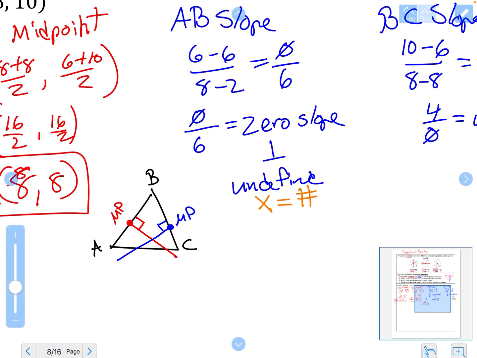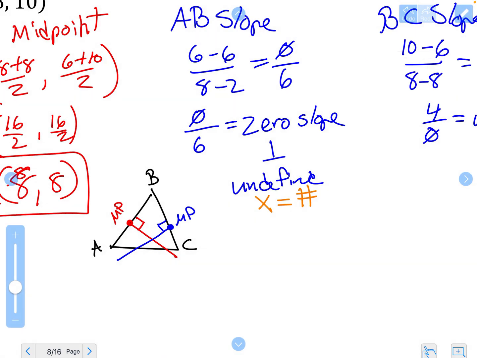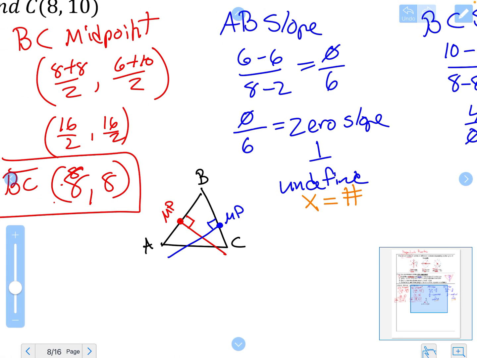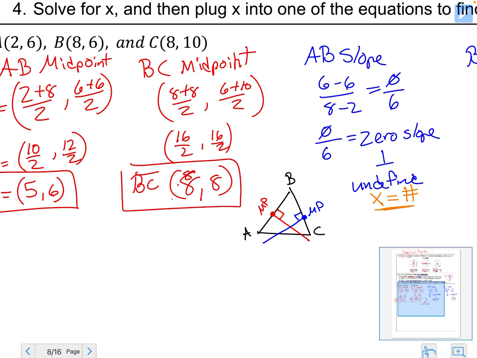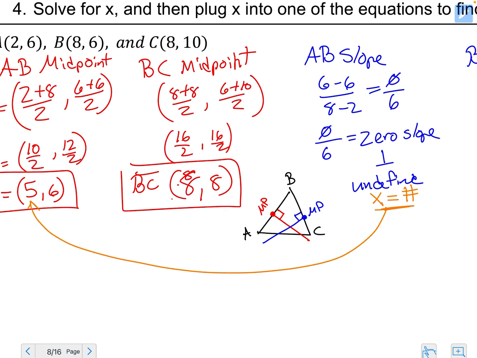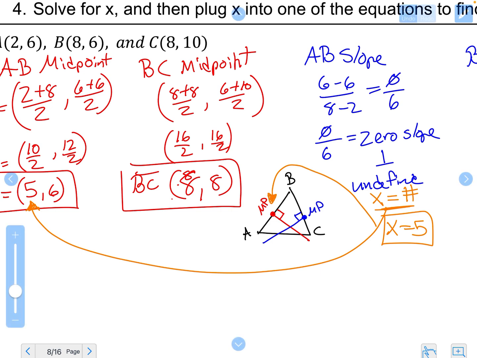So if we're looking at AB to write an equation, I already know it's going to be x equals a number, so I'm going to look at the x value of my midpoint, which is on that line. So my equation is going to be x equals 5 for my perpendicular bisector right there.